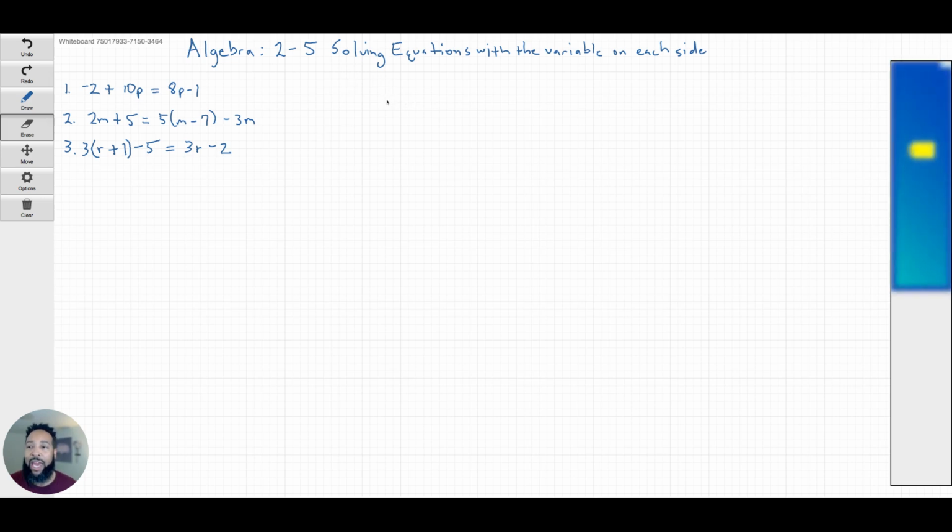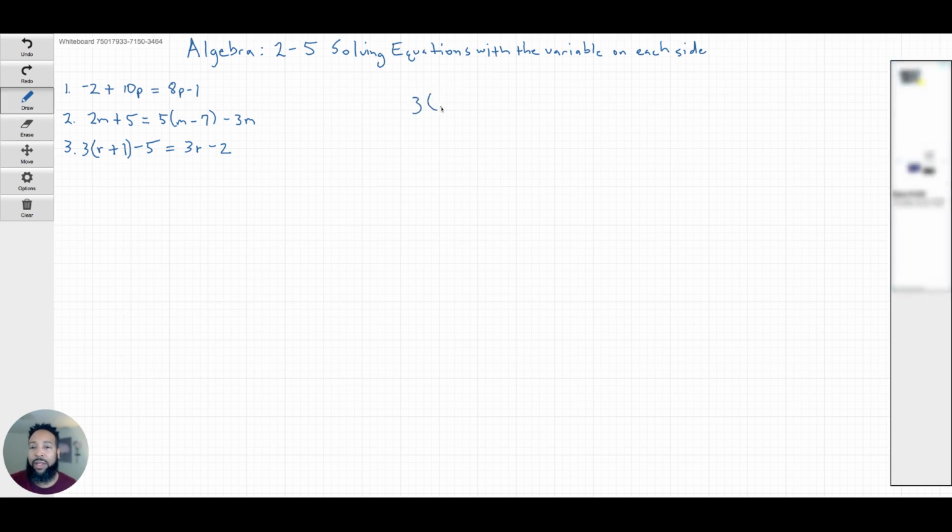So now we have 3 parentheses r plus 1 minus 5 equals 3r minus 2. First thing you want to do in this situation is you're dealing with parentheses. You want to go ahead and distribute out your numbers to see what you're looking at.